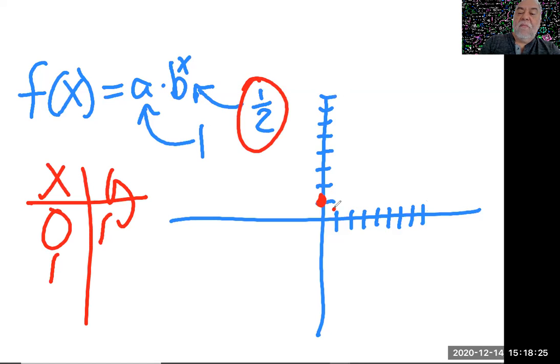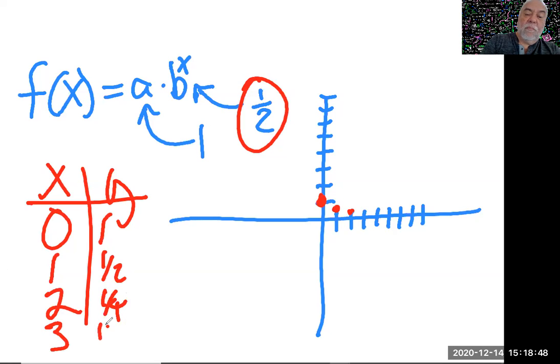So it's 1/2. If x is 2, what's 1/2 squared? 1/2 times 1/2 is 1/4. It's going to be there. X is 3. Oops. So this is 1/2. This is 1/4. X is 3 is 1/2 times 1/2 times 1/2. So it'd be 1/8.